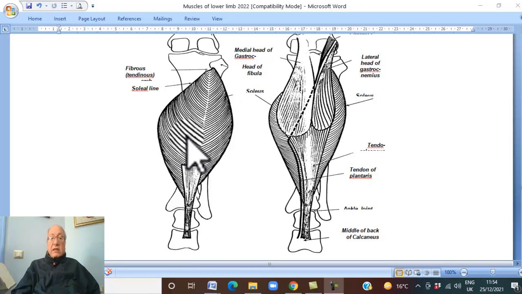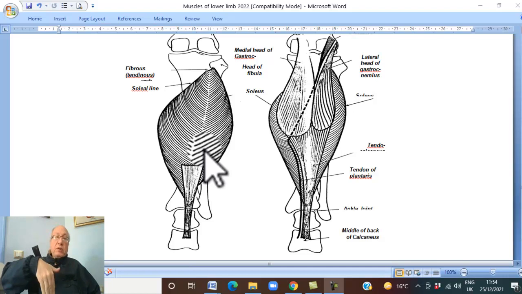And what is the action of these muscles? The common action of these muscles is powerful plantar flexion of the foot, as during walking, running, or standing on the tip of the toes.